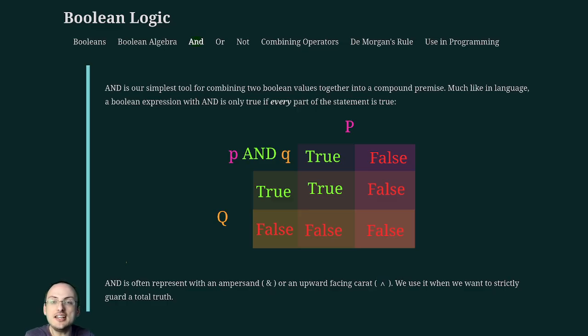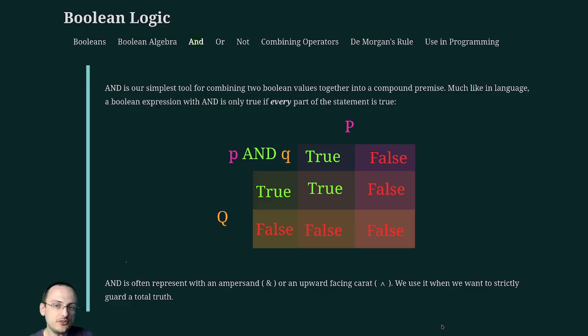So if you see any of those in relation to Boolean logic, that's just what they mean. There are other ways of writing AND. But this is our first operator, the thing that lets us create a conjunction of multiple premises. Say this thing is true and that thing is also true.